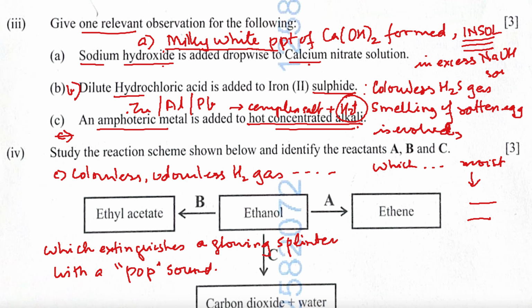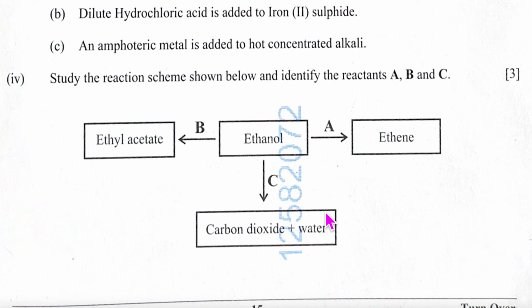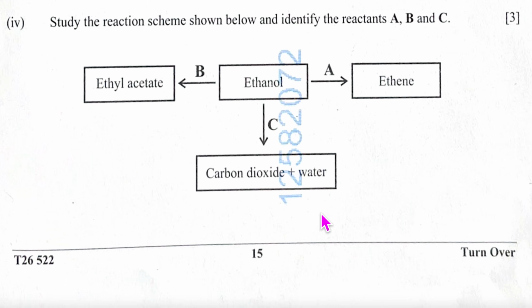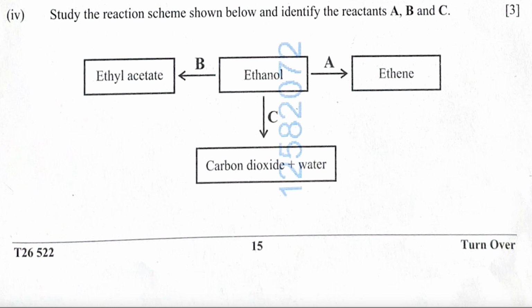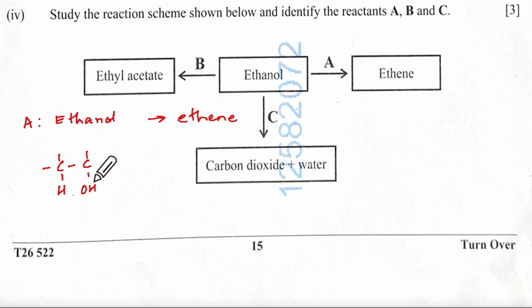Let us come to the fourth subpart. We have the reactions A, B, C. Organic chemistry, you have A, we have ethanol becoming ethene. If you don't like these reactions, show the structure. Eth means 2 carbons, single bond, H and OH.